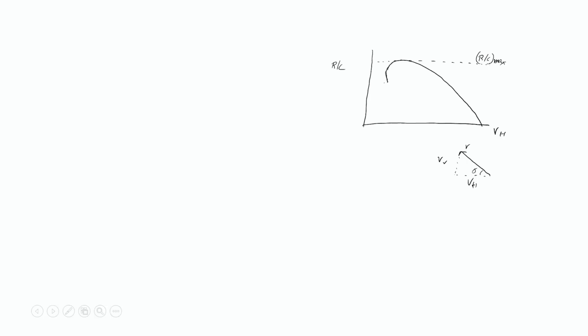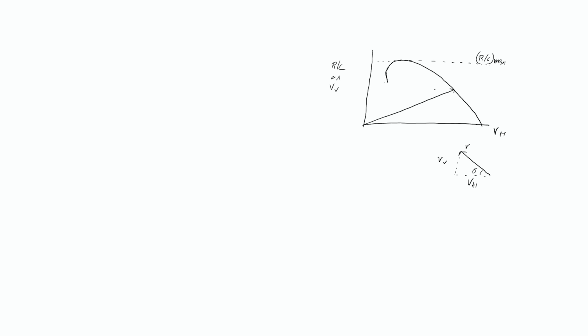Now often I ask students this question: if I draw a line which is intersecting here, what does this represent? If this is the horizontal component of velocity and this is the vertical component of velocity, what will this line represent?